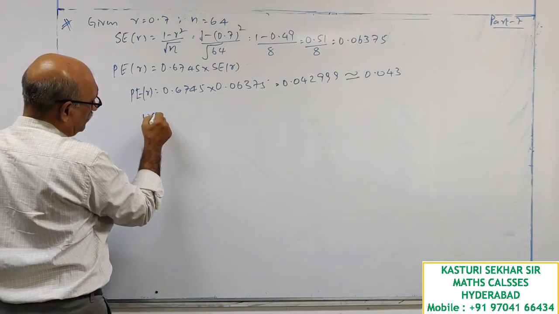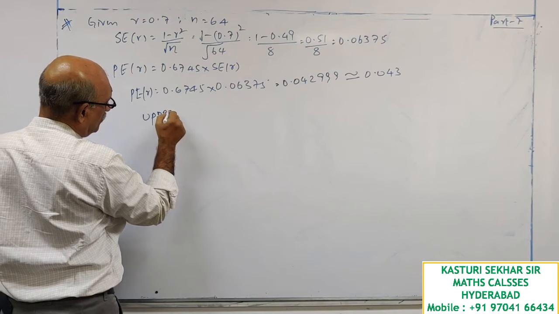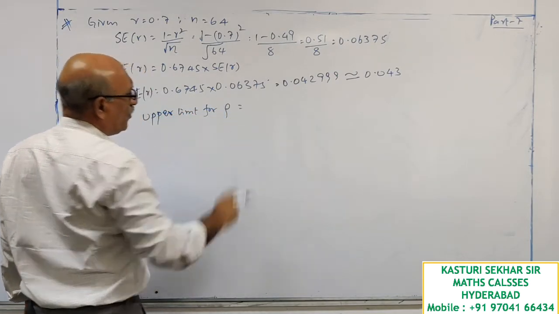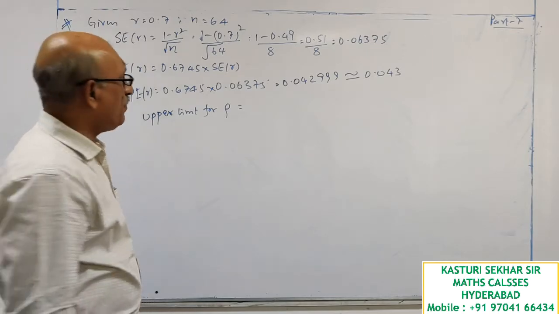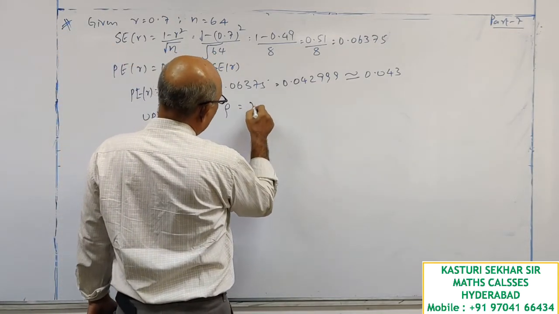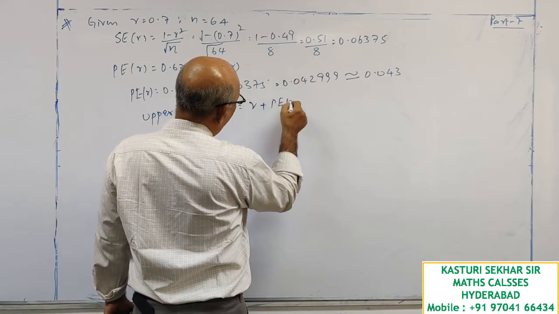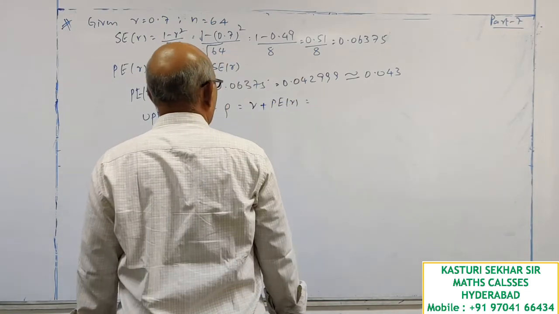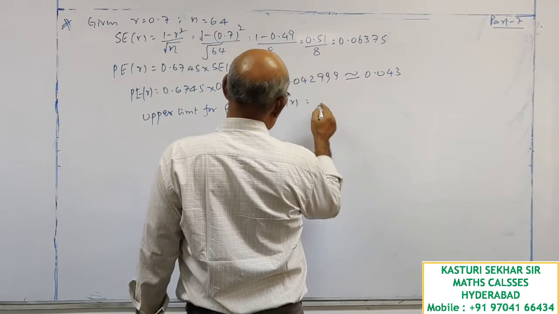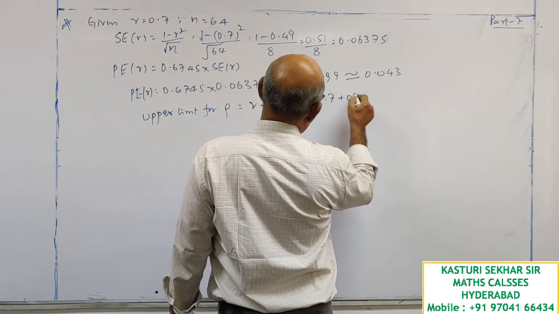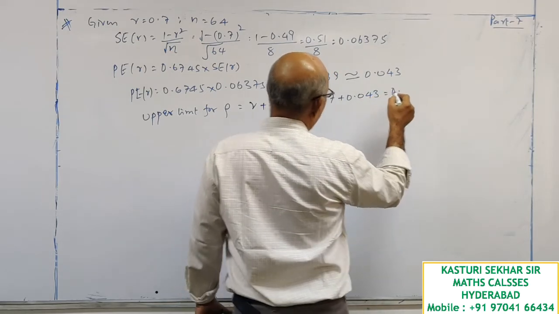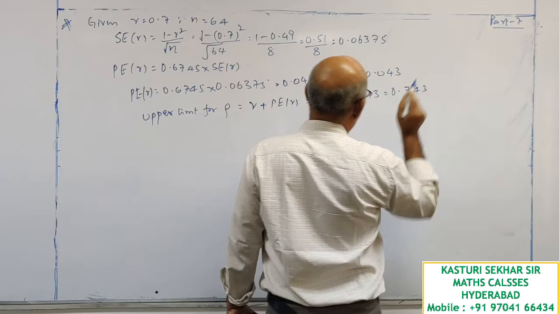Now the limits for rho, coefficient of correlation for population. Upper limit is r plus probable error of r, which is 0.7 plus 0.043, 0.743 upper limit.